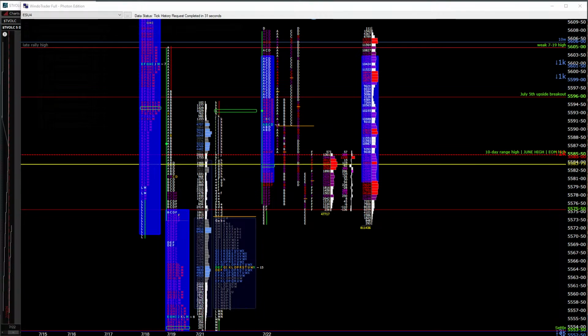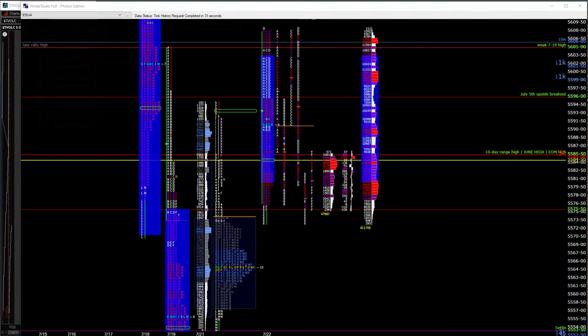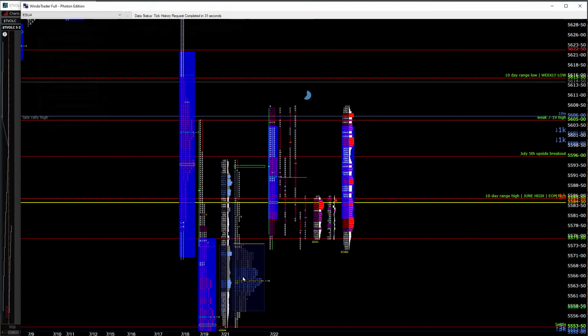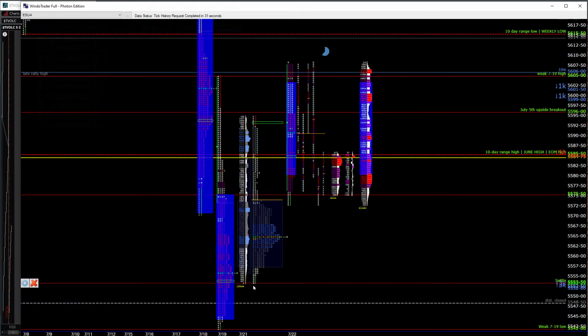If that happens, all the indices will be in sync. I don't have anything to the downside, other than this indication here, where the market did not have continuation. The market is rejecting the penetration of the value area high.